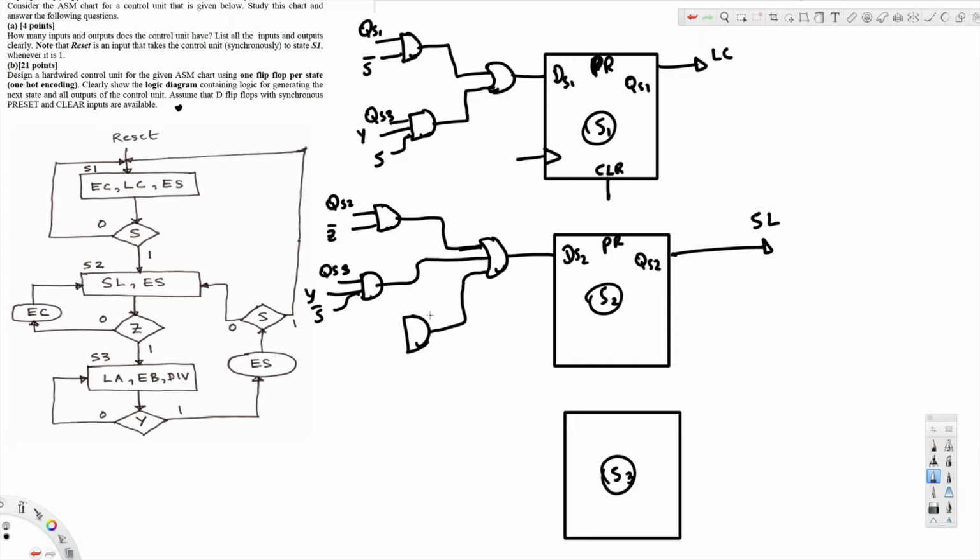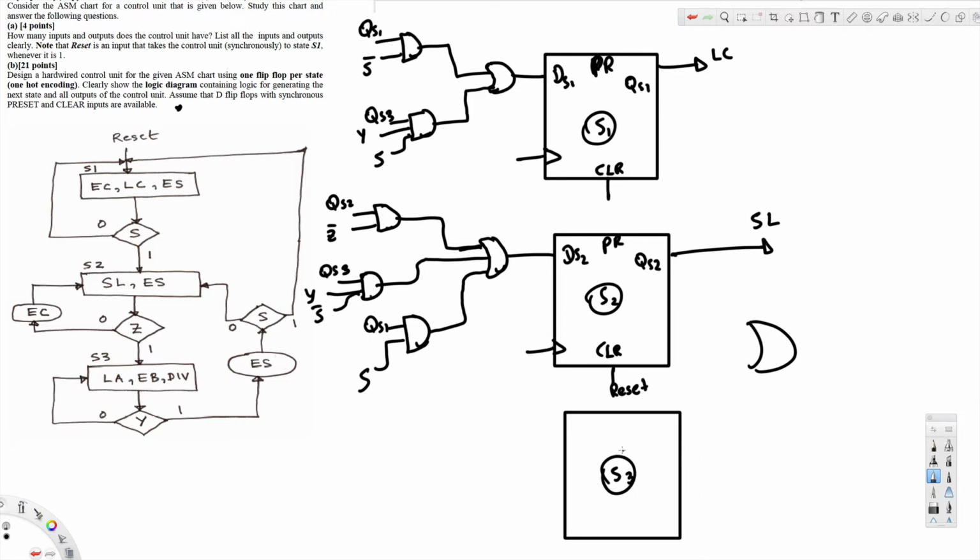For this one, an AND gate connected to this, that is QS1 and S. Clear, reset, OR gate. Okay, let's explain this one later.